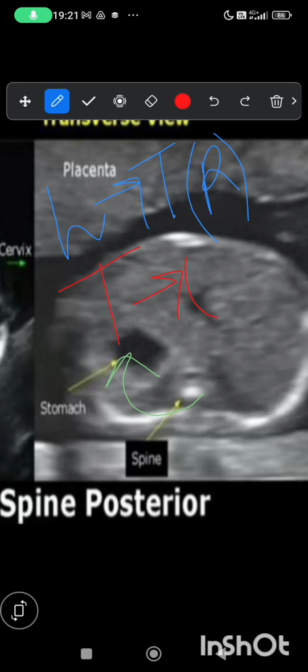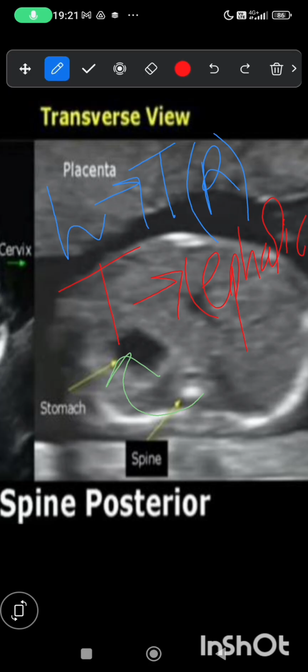But ma'am, in situs inversus, it is opposite, na? Okay, we are slowly going to first discuss normal. And yes, in situs inversus, it is actually opposite.